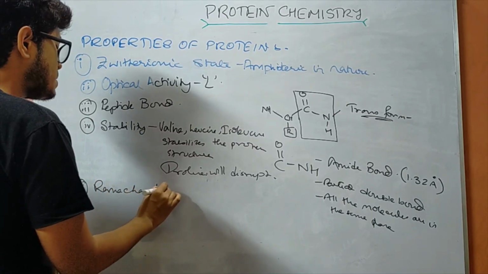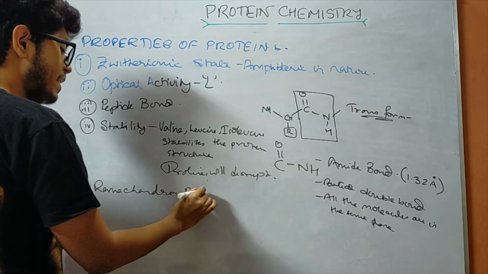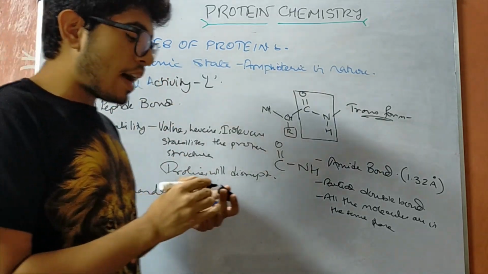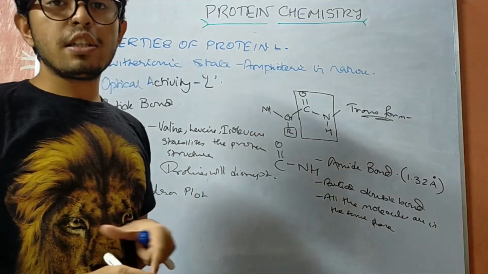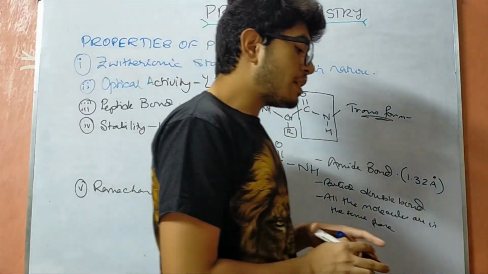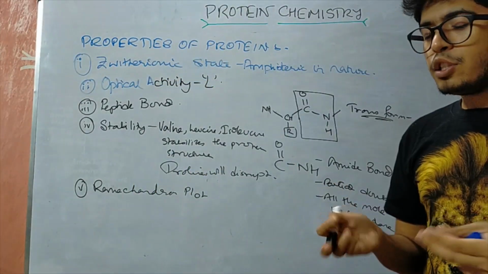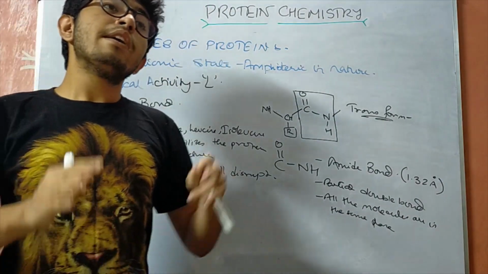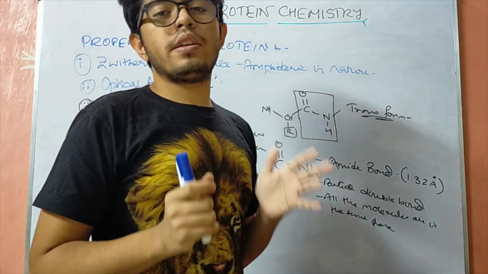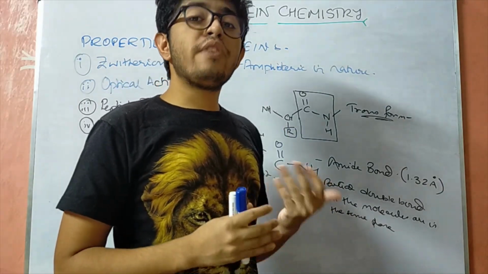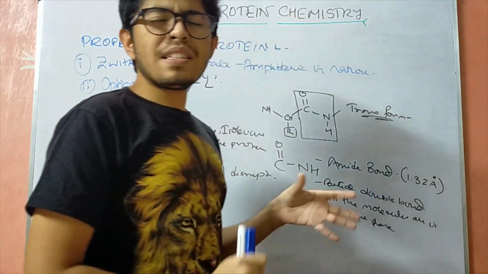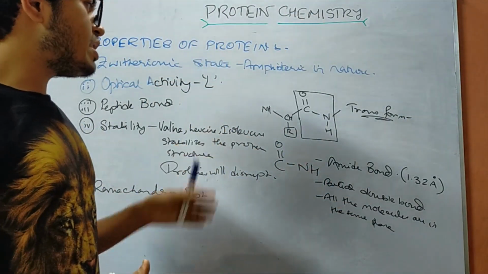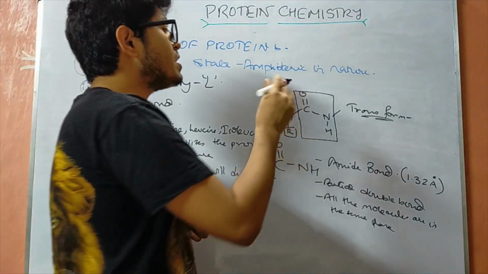It is a graph which describes the stable and more favorable structures of the protein. We don't need it in too much detail, so we are just going to do a brief overview.